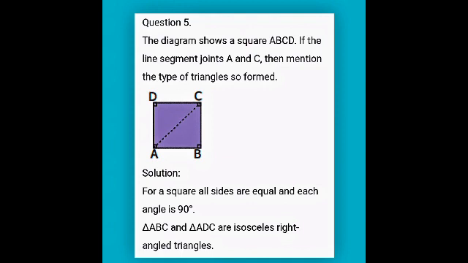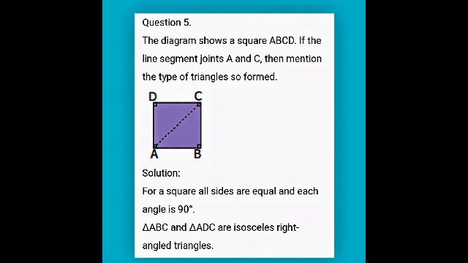We have a triangle with the side AC, and the angles at B and D. All sides are equal, so you will get 90 degrees. So we will get an isosceles right angle triangle. In an isosceles right angle triangle, any two angles must be equal. So the triangles are triangle ABC and triangle ADC.